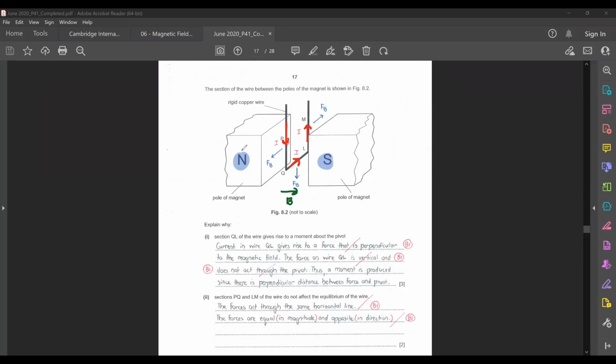So right now we want to draw out the magnetic force acting on each individual section of wire inside the magnetic field.